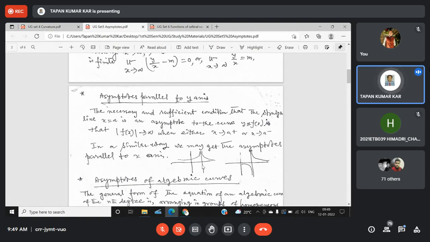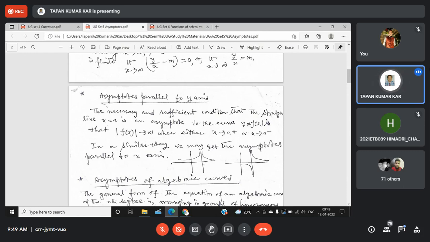This line is actually x equal to a. So from left hand side or right hand side, as x tends to a plus or a minus, fx tends to infinity. Then this line x equal to a is an asymptote.